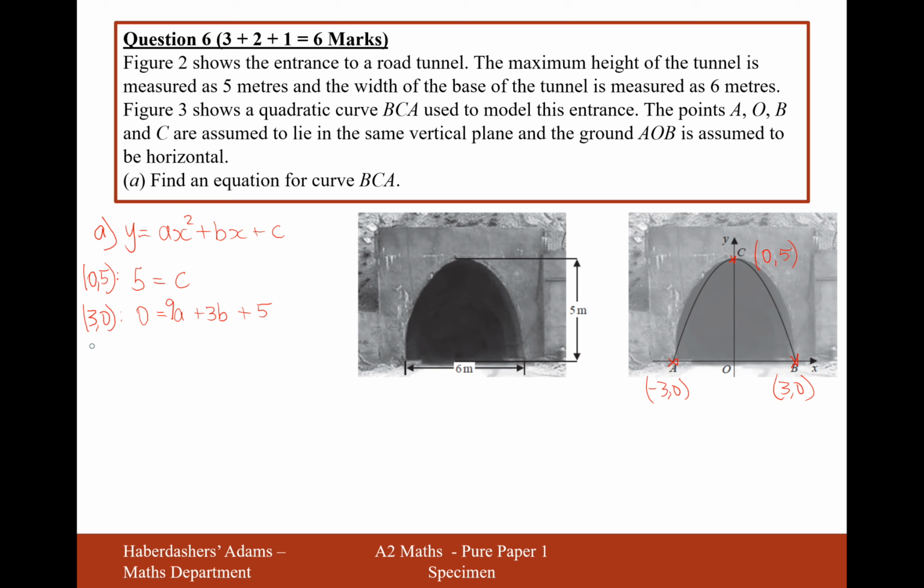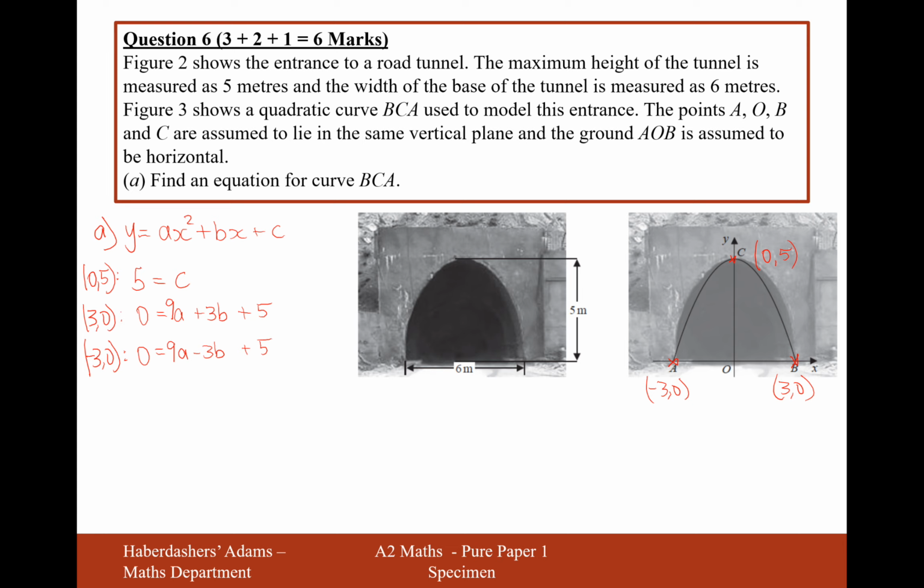Okay, so that's the second equation. The third equation is going to be from the coordinate (-3, 0). Again, the y coordinate is 0. Minus 3 squared gives us 9a, and then b times minus 3 gives us minus 3b, and then plus 5 again.